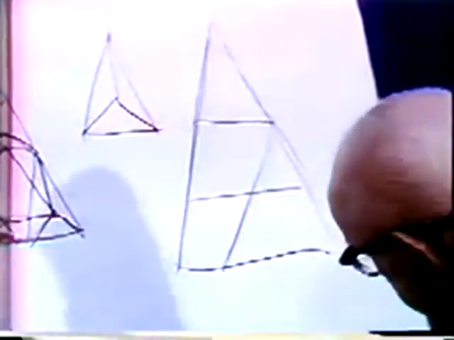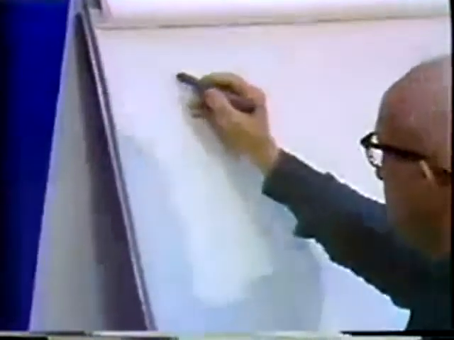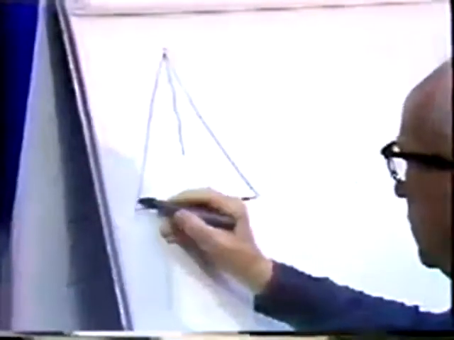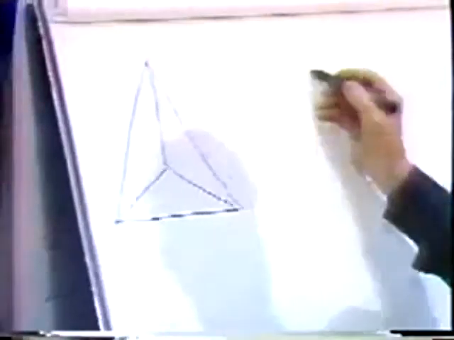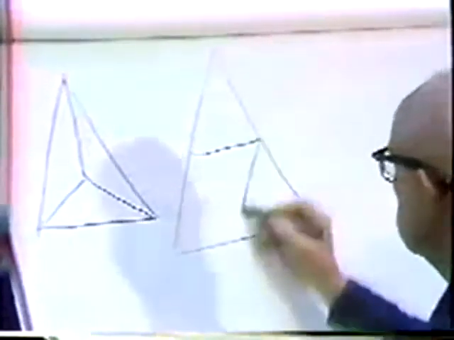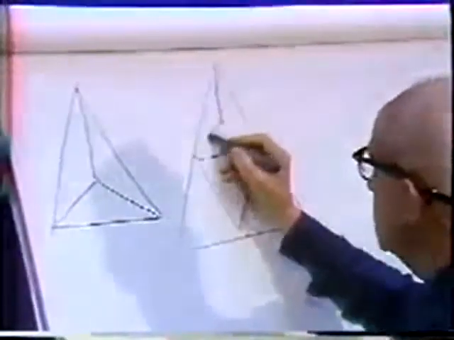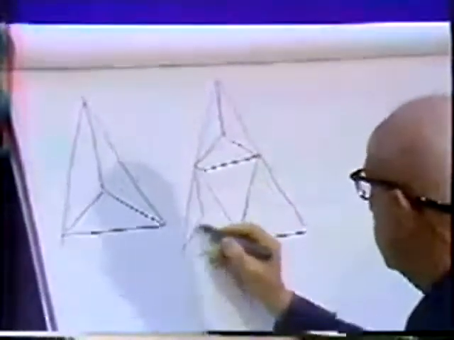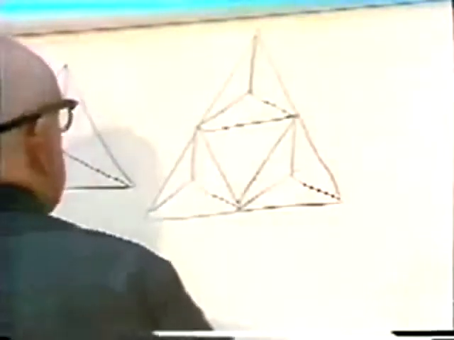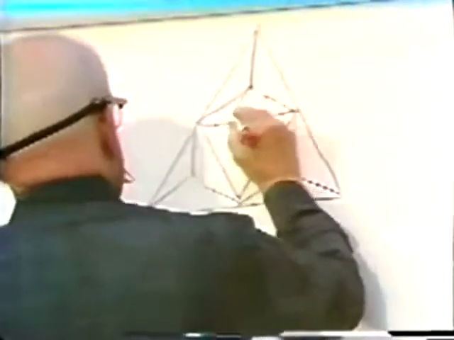This sheet is going to start fresh. I'm going to start with the single tetrahedron. I'm not going to make it red like that, just like that. Then the next one I'm going to have tetrahedron here, tetrahedron here, tetrahedron here, and I'm going to use the red for interconnecting the tops of the tetrahedra.